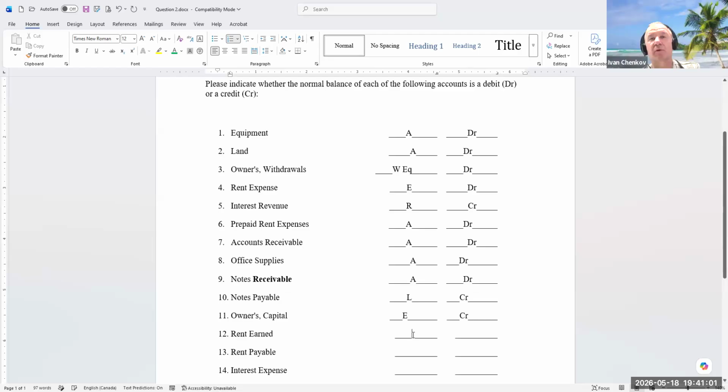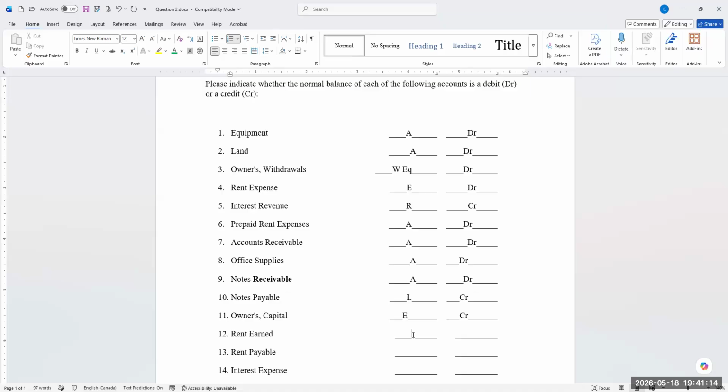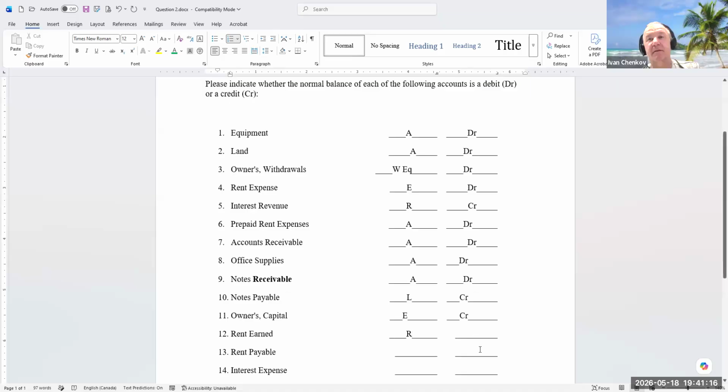Yes, no questions about it, credit. Rent earned: we earn it, so revenue and a credit. Correct.